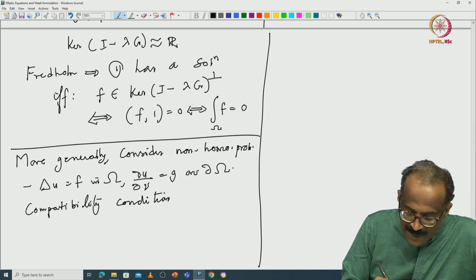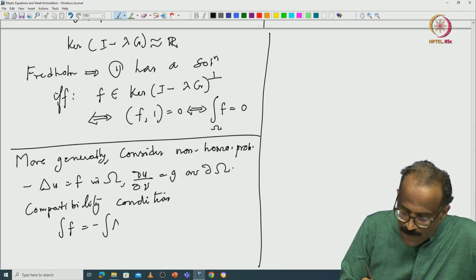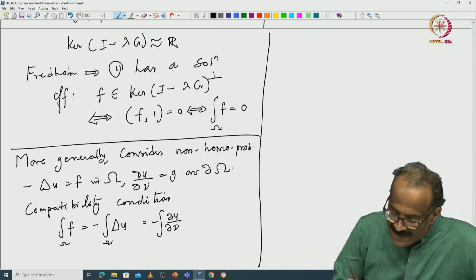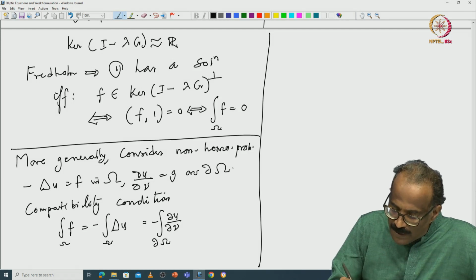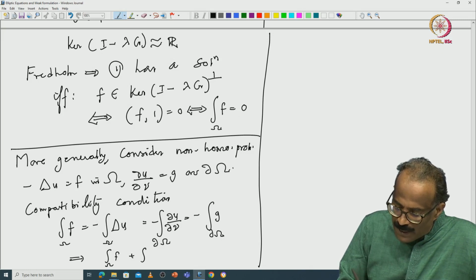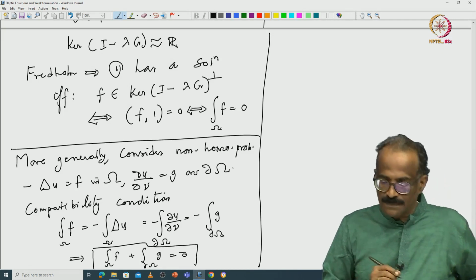Compatibility condition is integral of f is equal to minus integral of Laplacian of u over omega, and by integration by parts you get minus integral of du by d nu, which is g, over the boundary of omega, that is nothing but minus integral of g over the boundary. So that implies the compatibility condition is integral over d omega of g equal to 0.